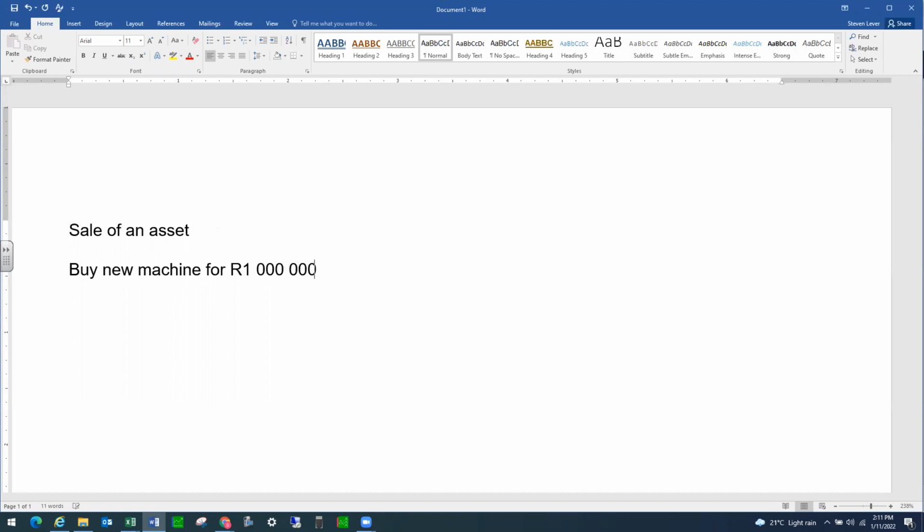Let's say we buy this machine on 25 Feb 2021, and we're going to sell the machine for 1.2 million on 17 April 2022.